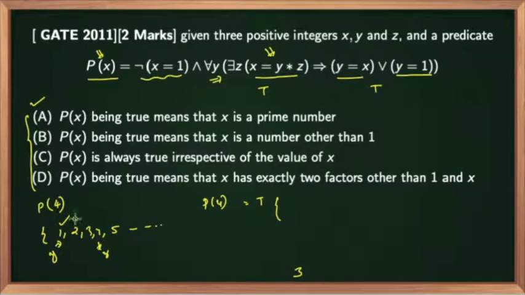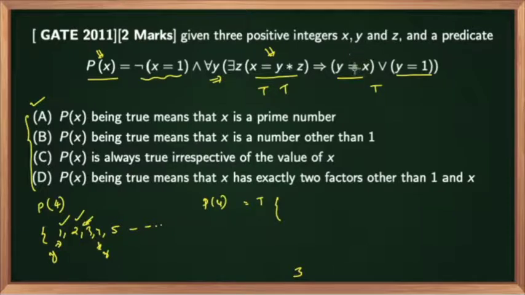Then y is equal to 2. Let's see what happens when y is equal to 2. z also will be equal to 2 because y into z should be equal to x. So 2 into 2 is equal to 4. So this portion is true. Now, is y equal to x?